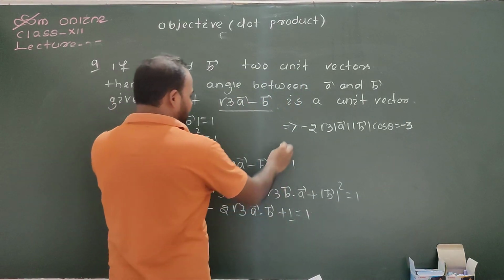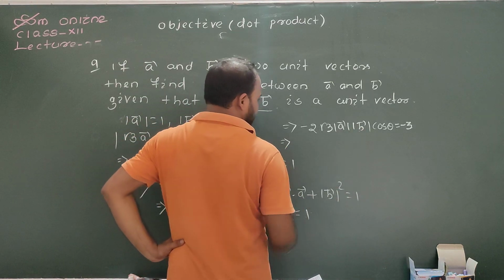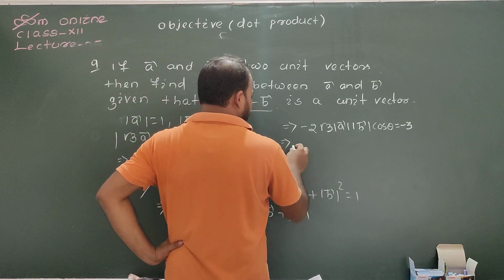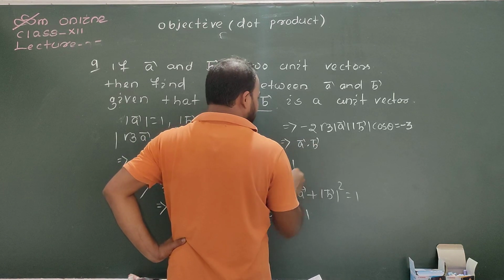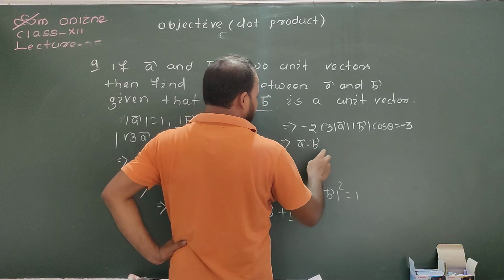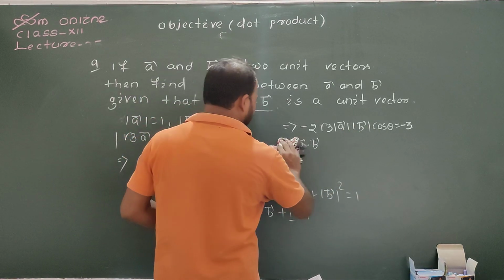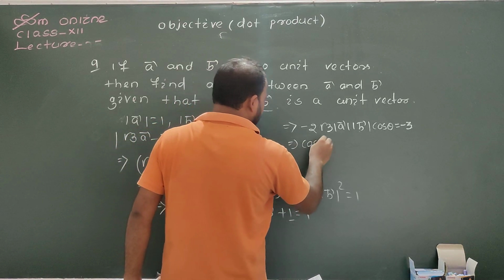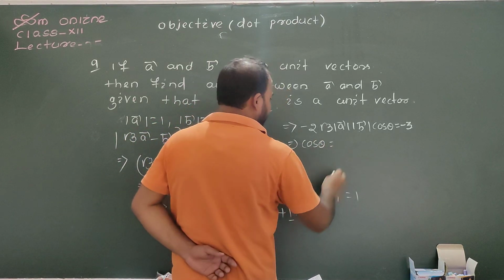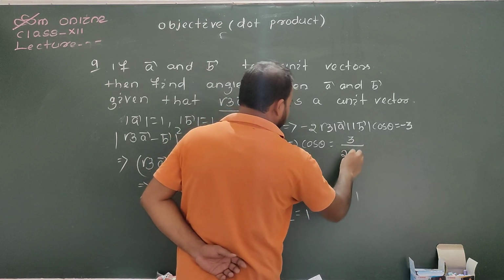Now this is 1, this is 1, so we get cos theta equal to 3 upon 2 root 3.